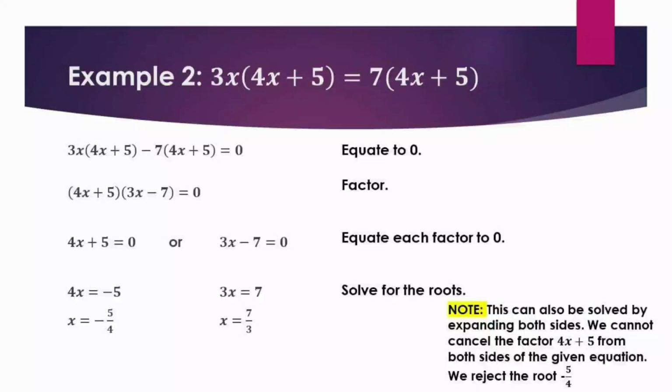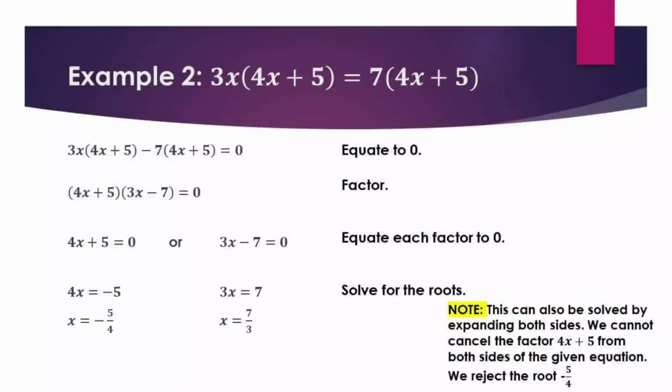Solving for the value of x, we will end up with 4x is equal to negative 5 and it will become x equals negative 5 over 4. And the other one, 3x equals 7. And finally, we will end up with x equals 7 over 3. Therefore, the values of our zeros or our roots will be negative 5 over 4 and 7 over 3.